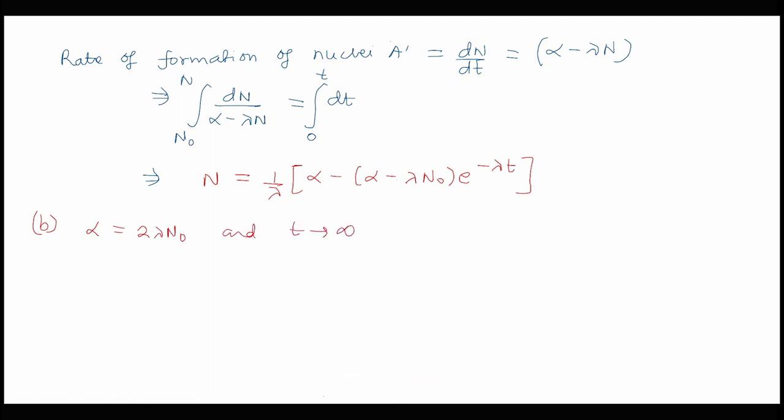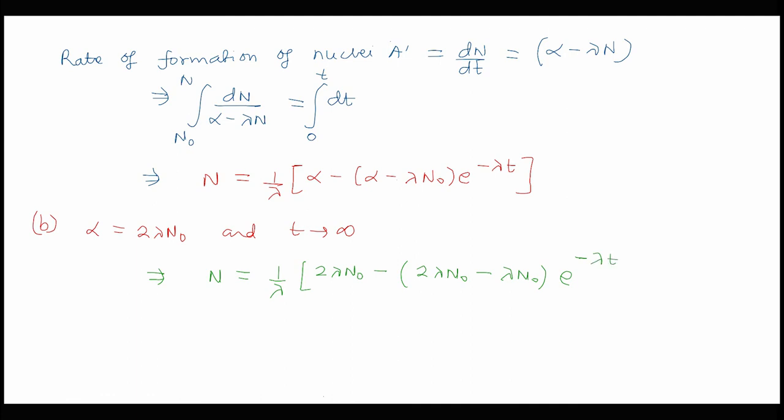So if we put this value we can obtain n equals 1 by lambda, alpha can be written as 2 lambda n naught minus lambda n naught e to the power minus lambda t, and t will be approaching infinity.